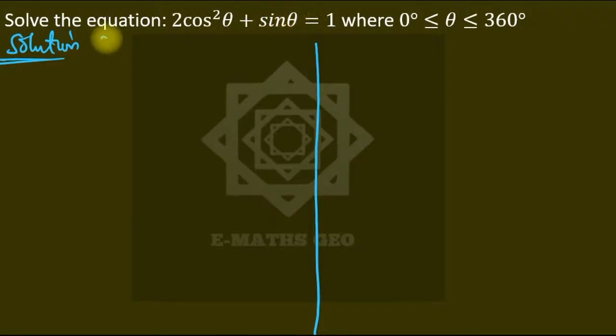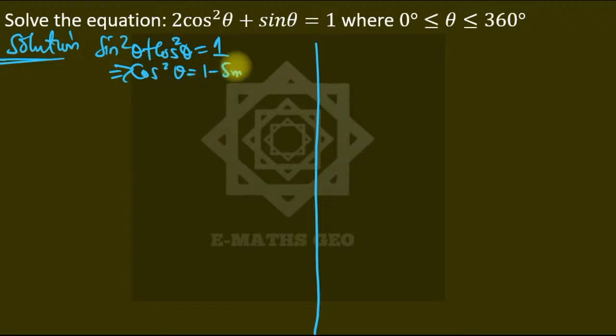If you remember, there is an identity that sine squared theta plus cos squared theta is 1. So I can make cos squared theta the subject of the formula, which is 1 minus sine squared theta. This is called the Pythagorean identity. There are 3 in number.